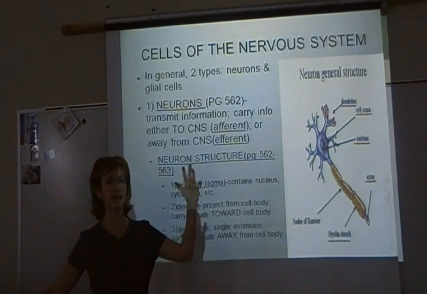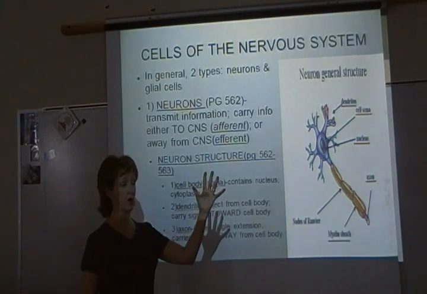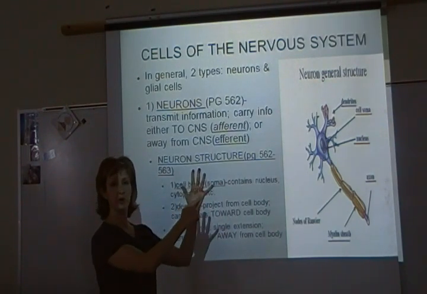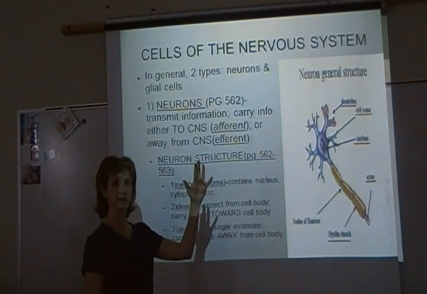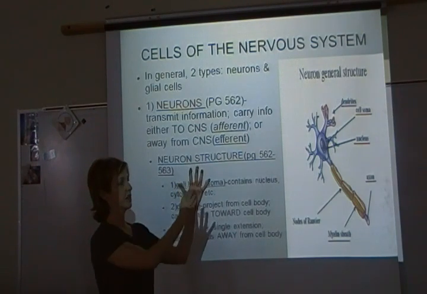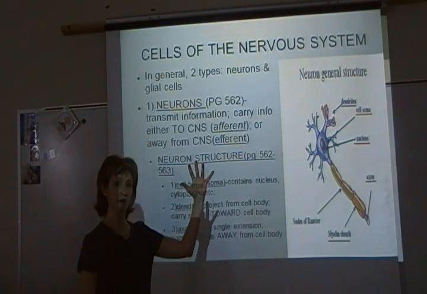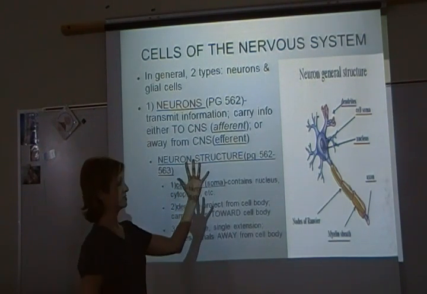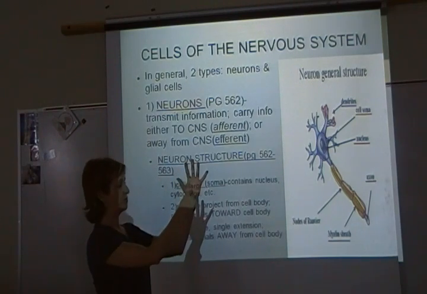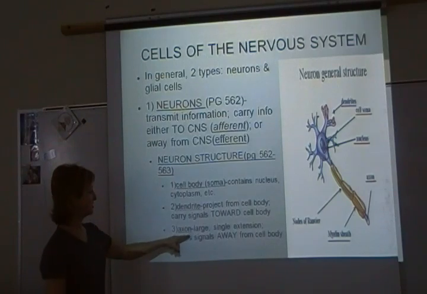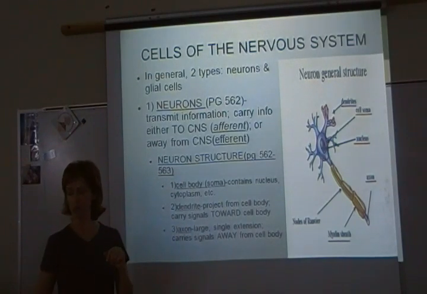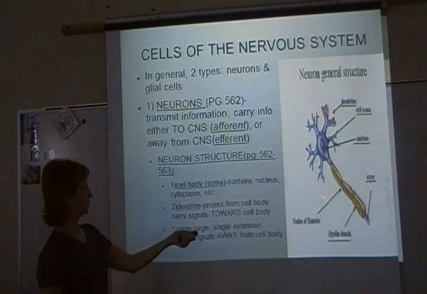If you look at my hand as a neuron, okay, the middle of my hand is the cell body. My fingers would represent the dendrites. The dendrites bring information into the cell body from the surrounding cells. So dendrites bring the information in, goes through the cell body, and then the axon is this long structure here.